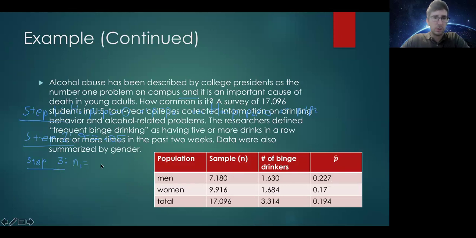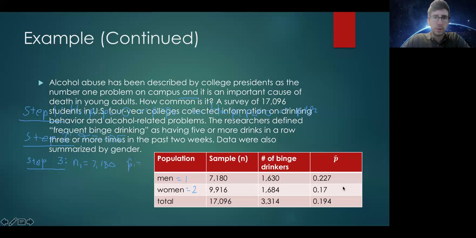There's no really right or wrong order to write these down. I'm going to again choose men to be my first group and women to be my second group. So the sample size for men was 7,180.